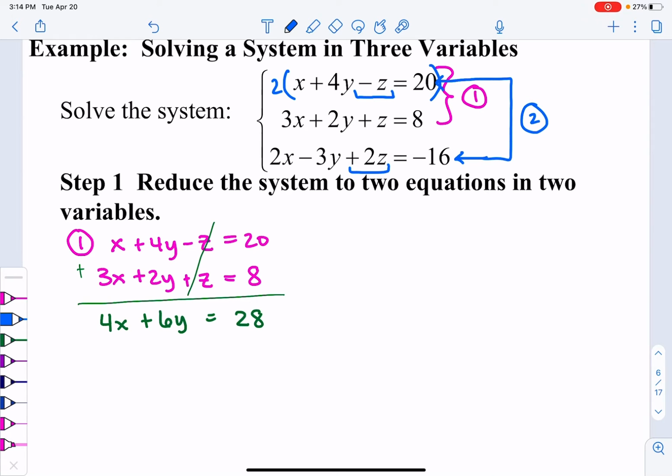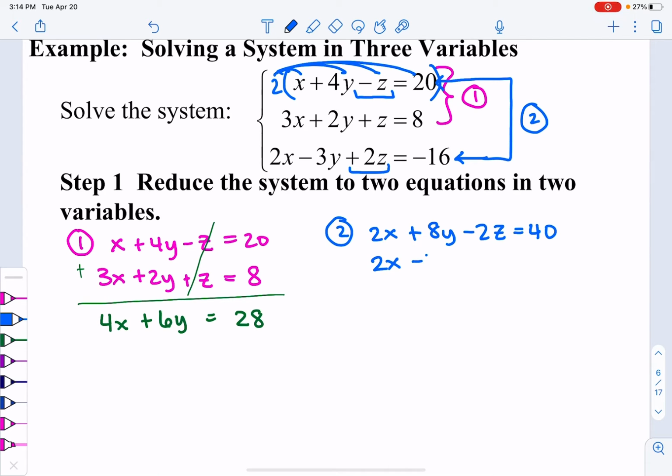Distributing the 2 to everything gives us 2x plus 8y minus 2z equals 40. Then I'm just going to rewrite the third equation as is: 2x minus 3y plus 2z is equal to negative 16.